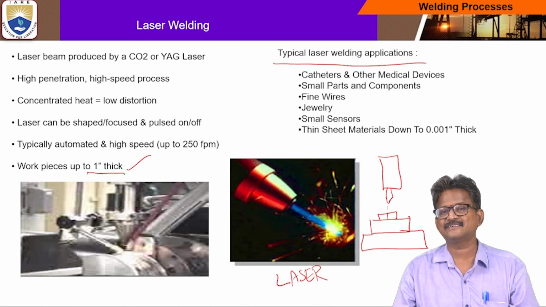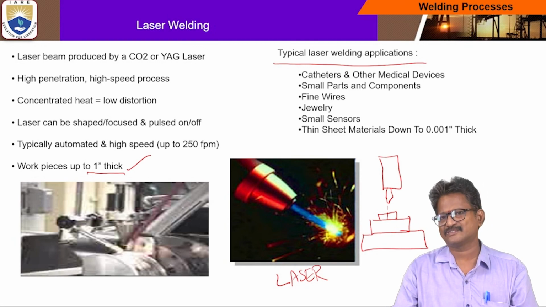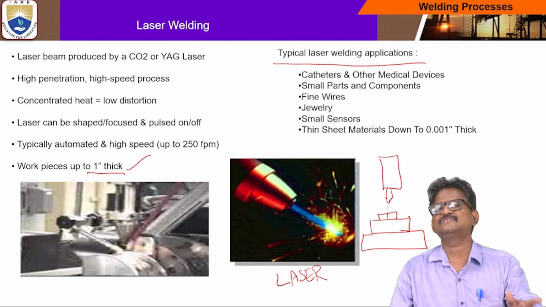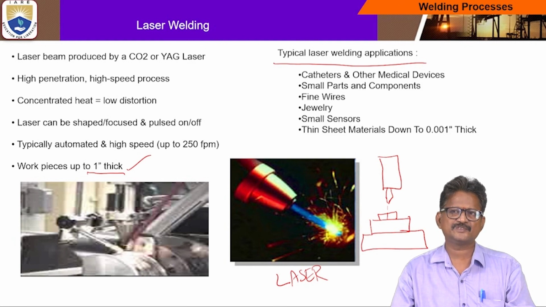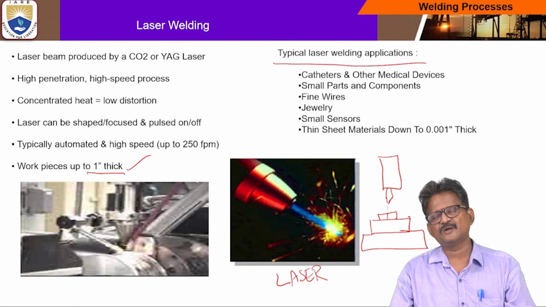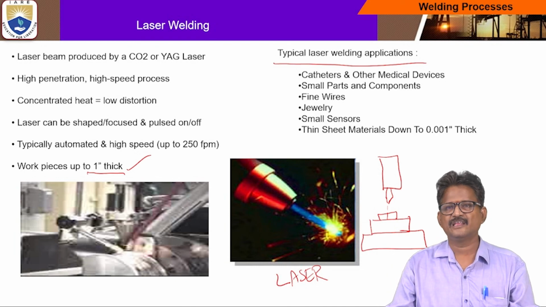It can be performed within a fraction of a second as an automated process. Once you fix it, within a little time you can perform this laser welding process. The major applications are jewelry, some sensors, and medical applications, which widely use this laser welding process.